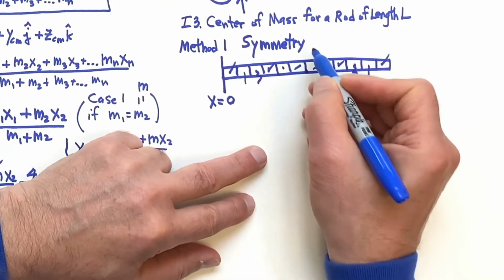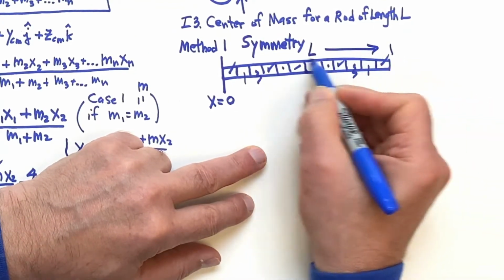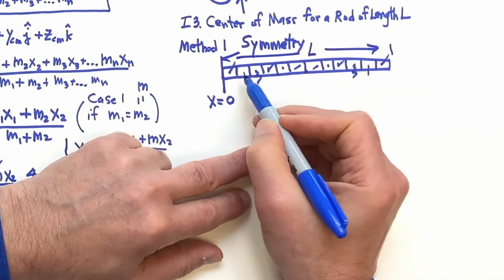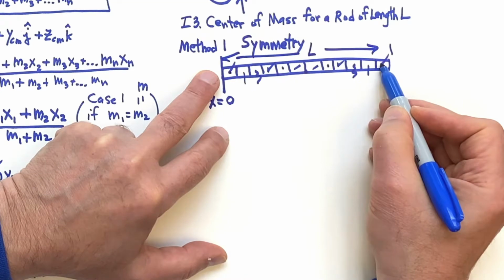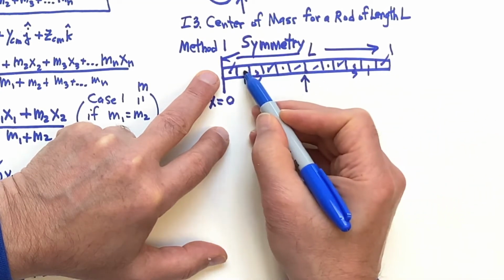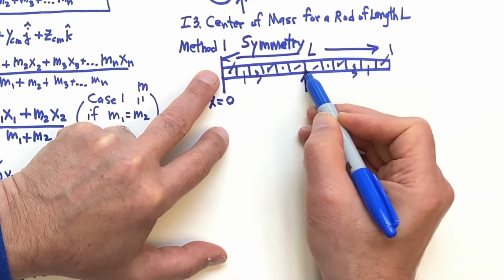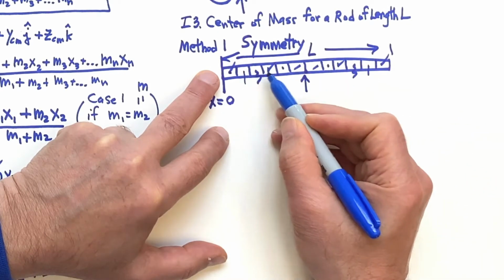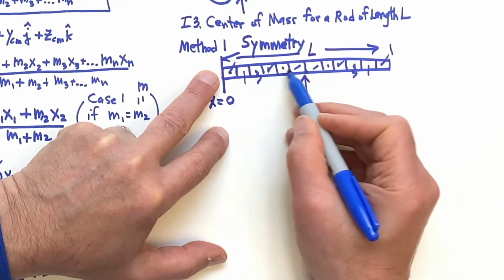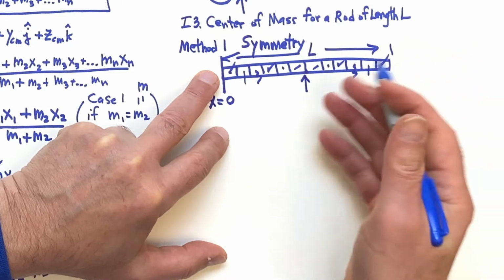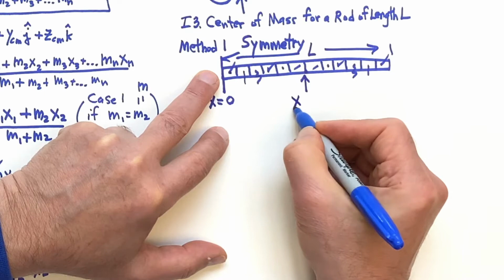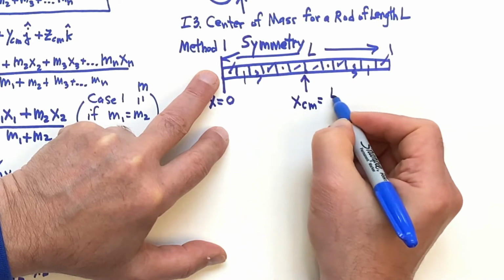So if the length here of the rod is L, we know when we have 2 masses that, if you take this block and this block, the center of mass for those would be in the center here. But see, this block and that block has the same center. And then the next pair, same center. So since all the mass pairs have the same center, the center of mass is going to be in the center.